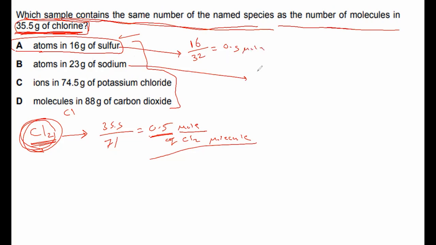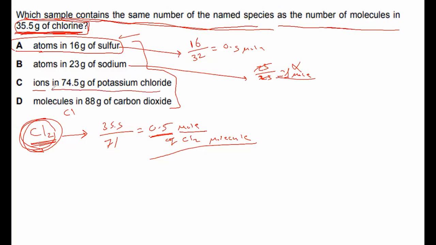The second option: atoms in 23 grams of sodium. So we have 23 grams over 23 as well. So here we get 1 mole, and this is wrong. We need only 0.5. The next option, C: ions in potassium chloride.